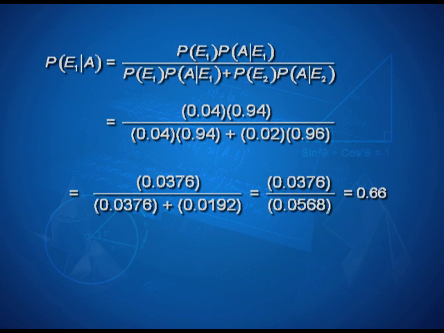So, just substitute the values of each of the probabilities and you have the result, which turns out to be approximately 0.66.